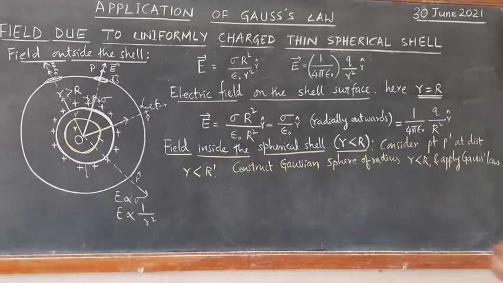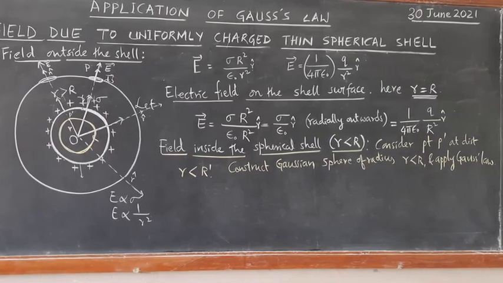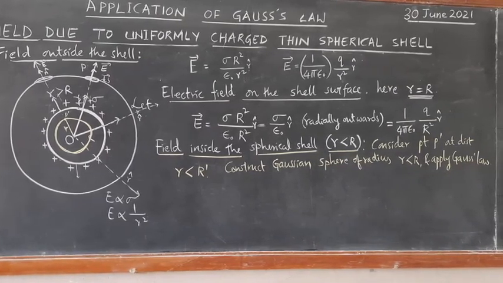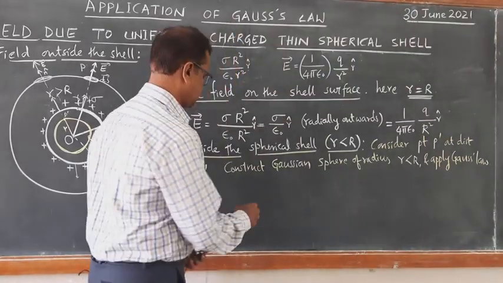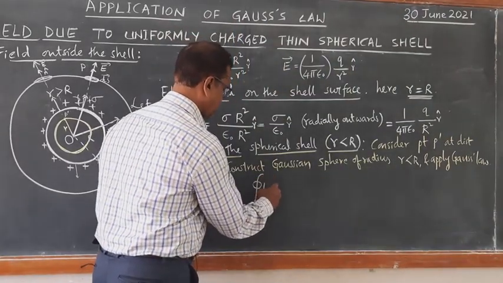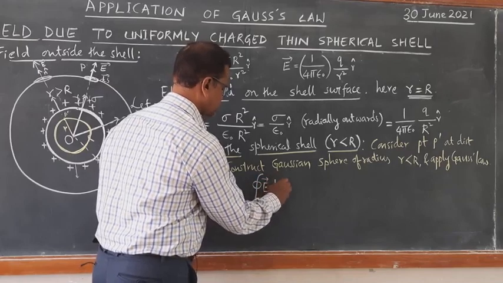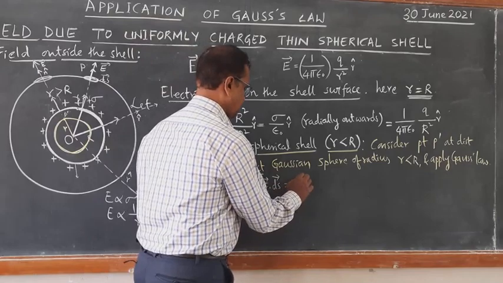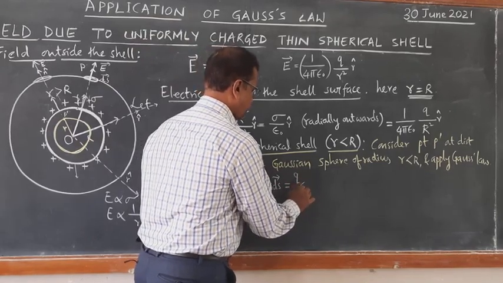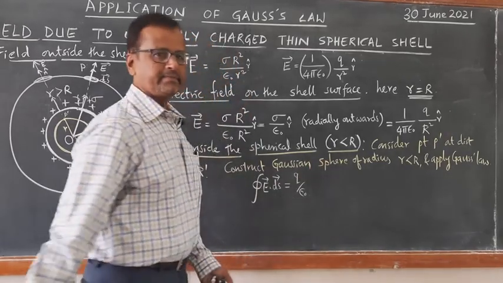When you apply Gauss law, you see the total outward normal flux, the integral of E dot ds on the left hand side, is equal to q upon epsilon naught according to the statement.